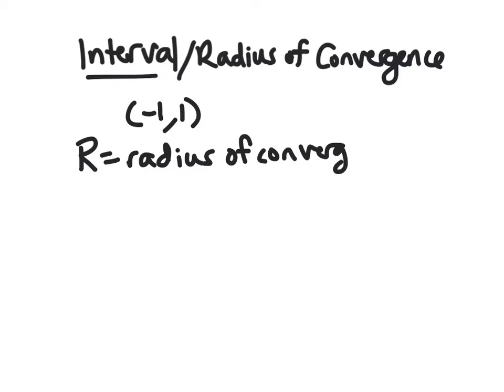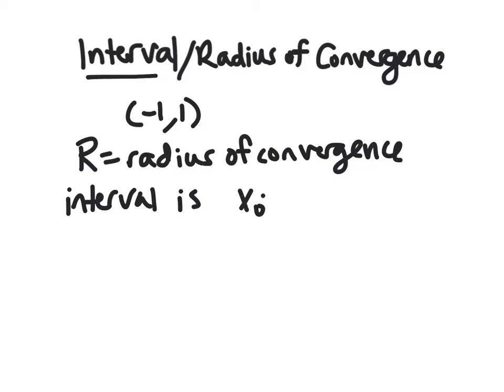It turns out that all power series will converge on a symmetric interval around your base point. So if R is the radius of convergence, then the interval of convergence is x naught minus R to x naught plus R. In the last one, we were centered at 0 and had a radius of 1, and so we went from -1 to 1.